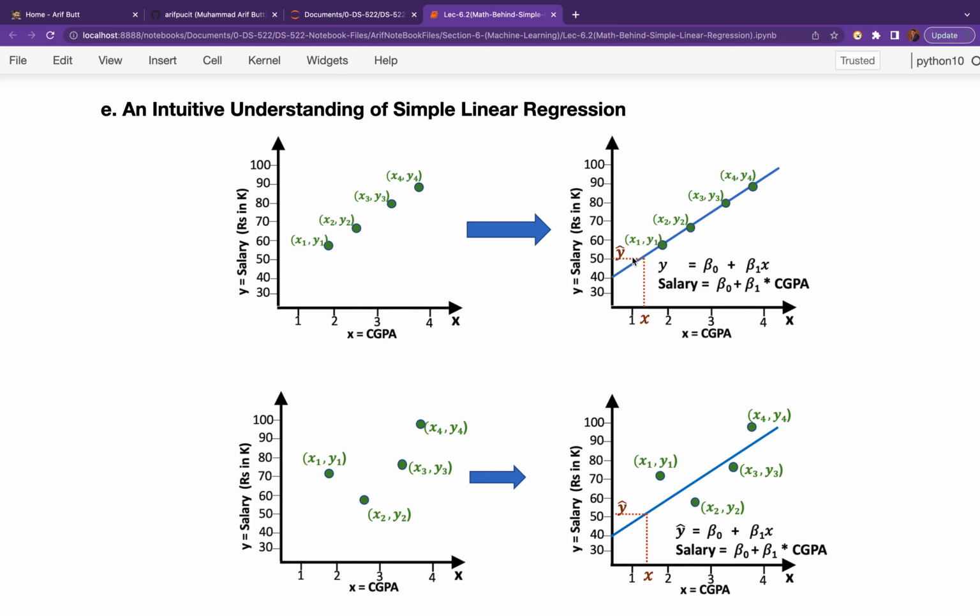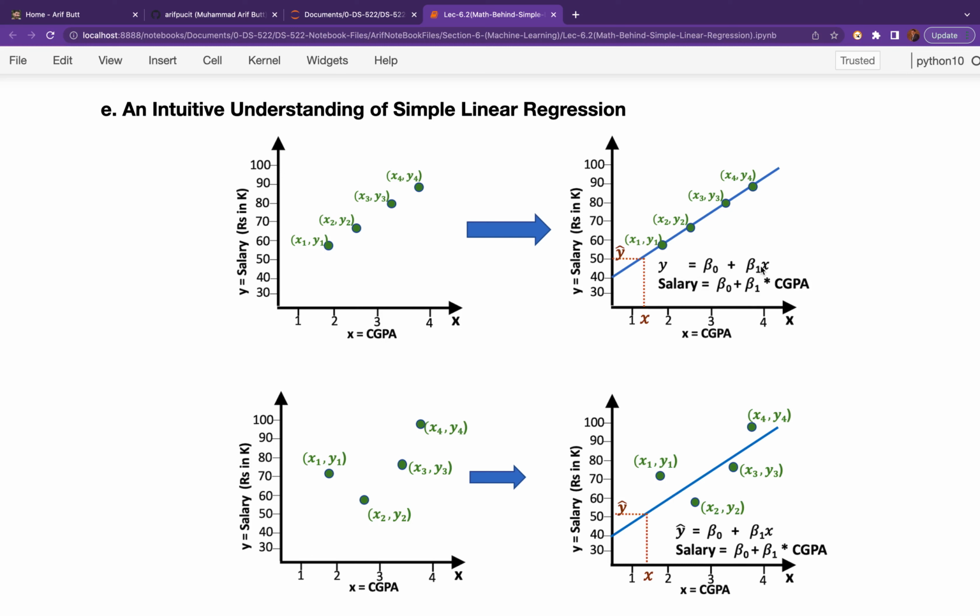We can solve this, of course, mathematically as well. For example, given these four linear equations, after solving them we get the line equation like y is equal to c plus mx, and over here it is shown as y is equal to beta naught plus beta 1 x.